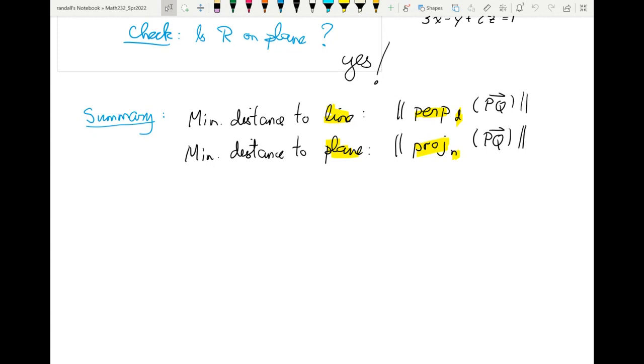So there's a minimum distance, and then I should add in the summary here, and find the closest point. You can do the minimum distance without finding the closest point, but often you do want to find the closest point. But we know how to find the closest point, don't we?